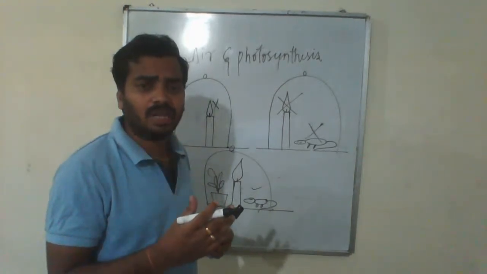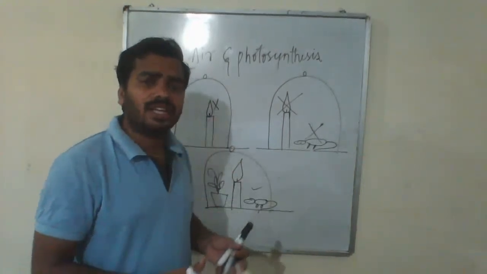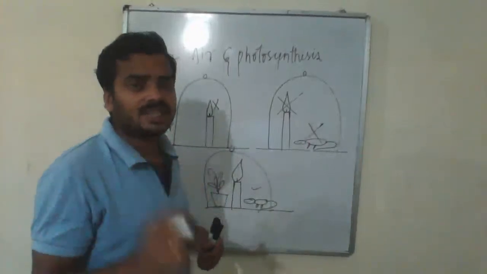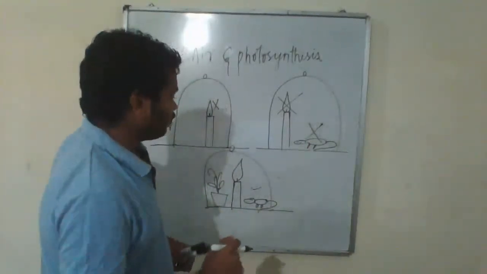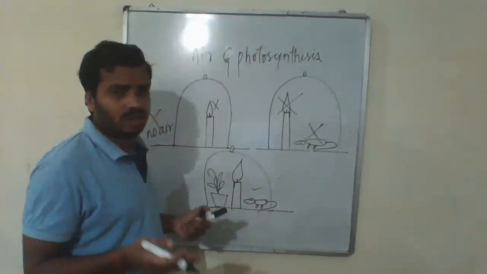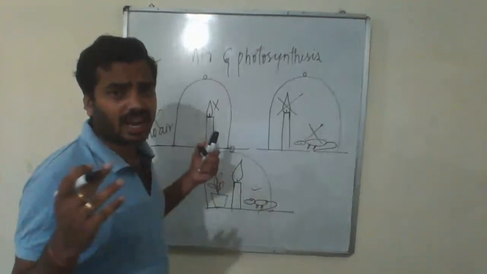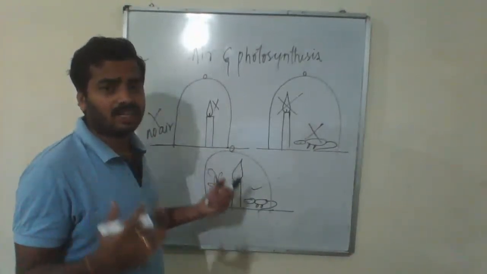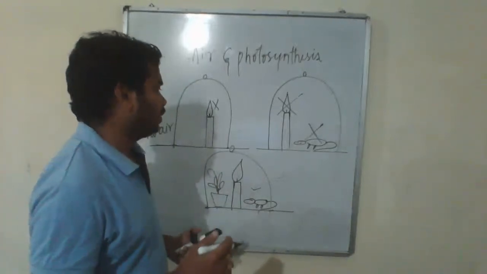The plant has a special ability: it can fix CO2, use up water and liberate O2 using sunlight. That is the reason plants are to be planted, to ensure that the living organisms on this planet Earth survive.